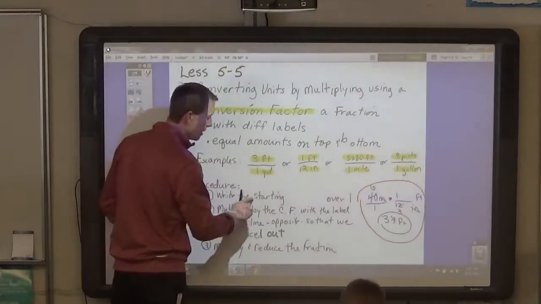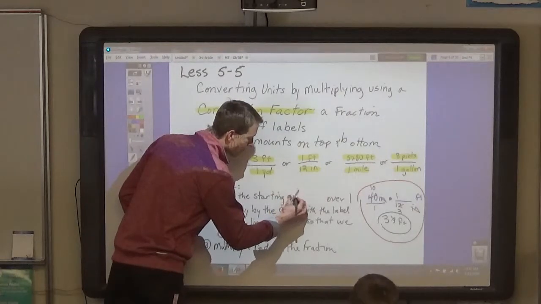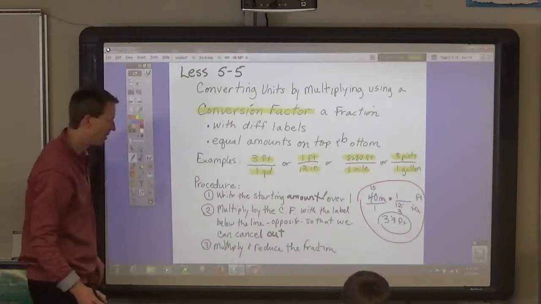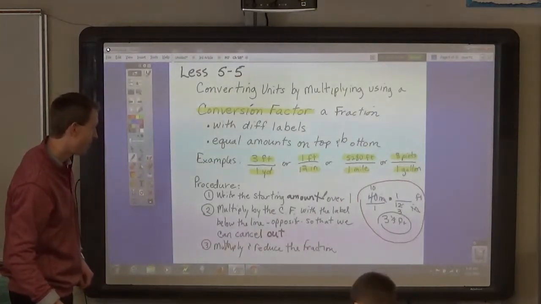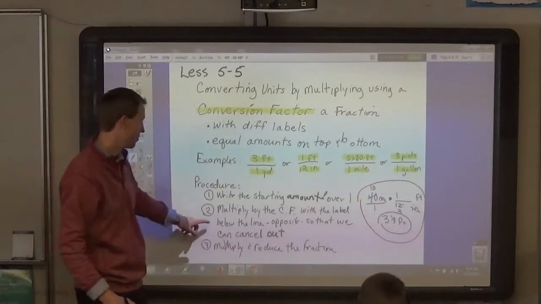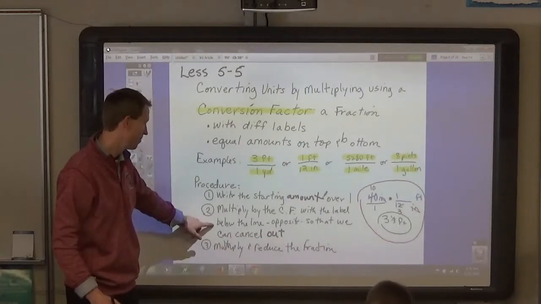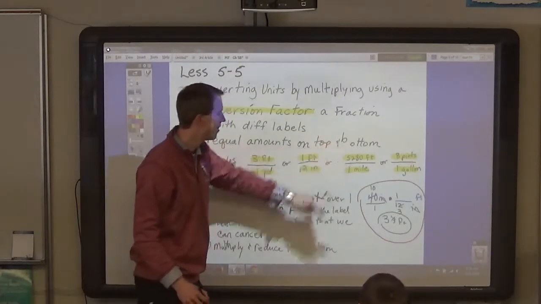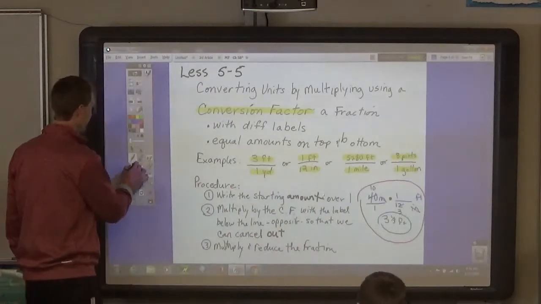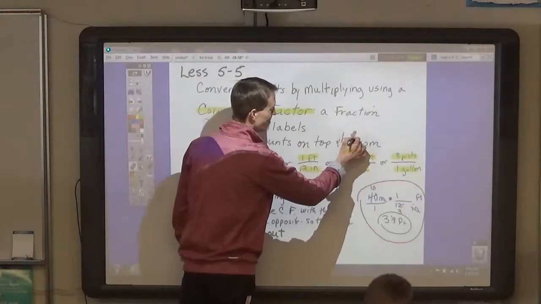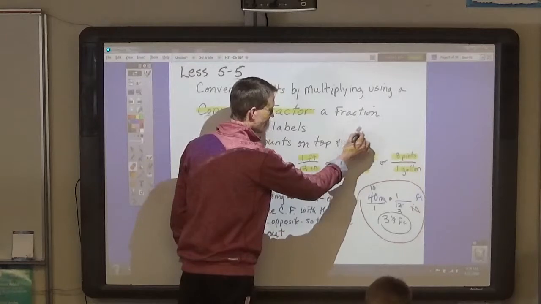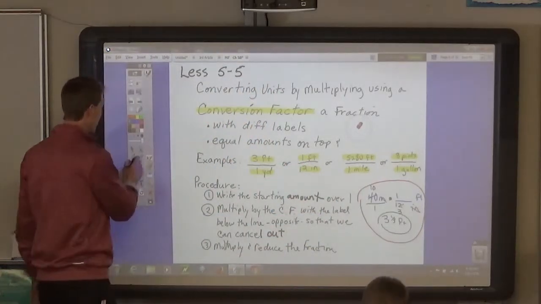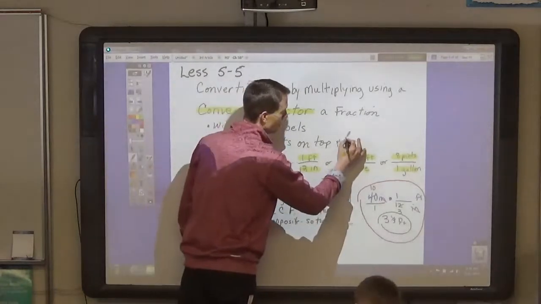So the starting amount is part of the procedure. So is the bottom, the B. The B is in the wrong spot. When you move the words around, sometimes the computer doesn't grab them all.